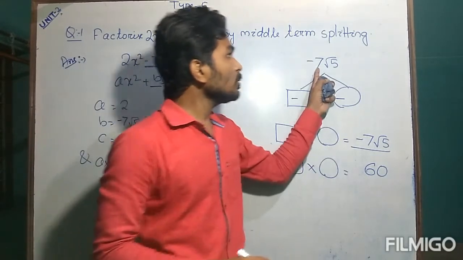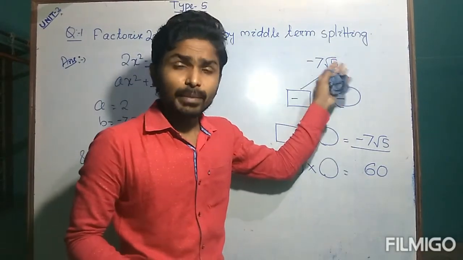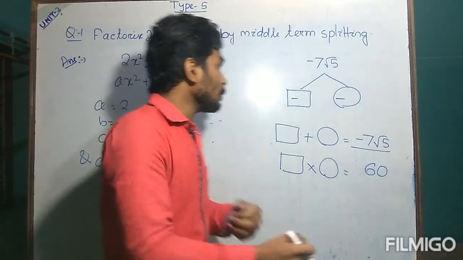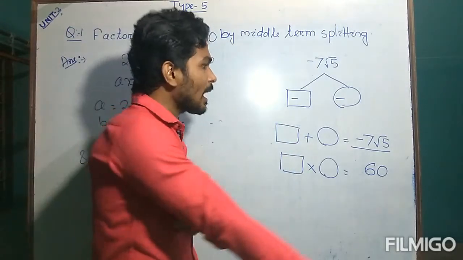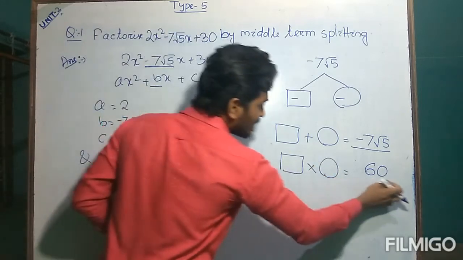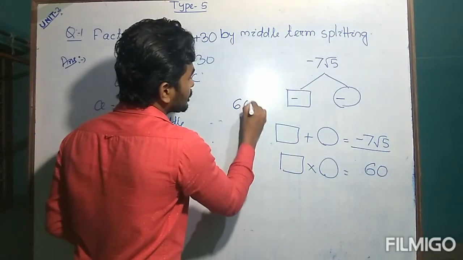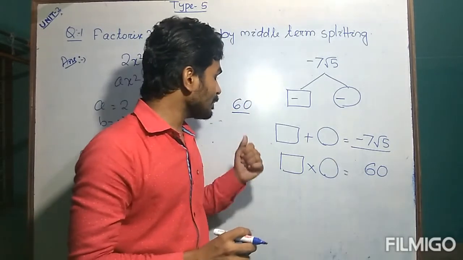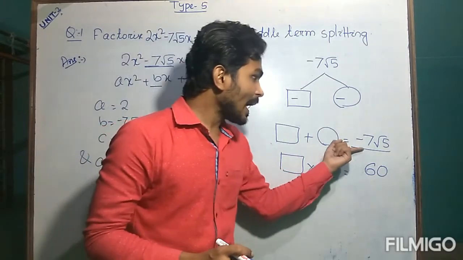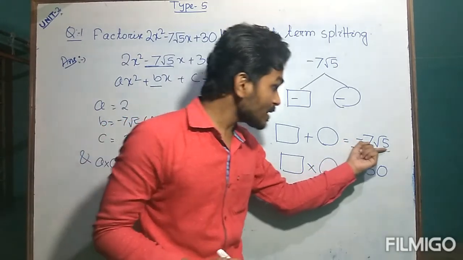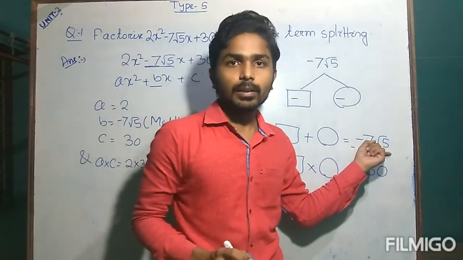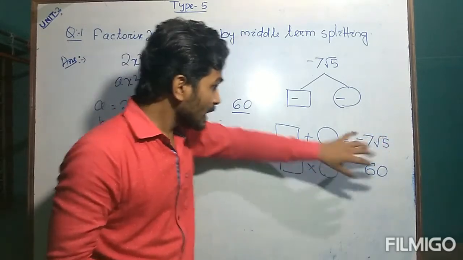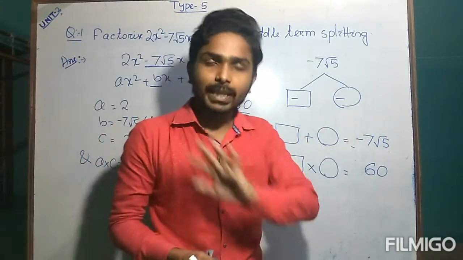Okay. So next we have to split this minus 7 root 5 into two factors. How? Okay, we can make it very simple. One more thing I have left: since the addition gives an irrational number, square root 5, that means these two numbers must be irrational numbers.